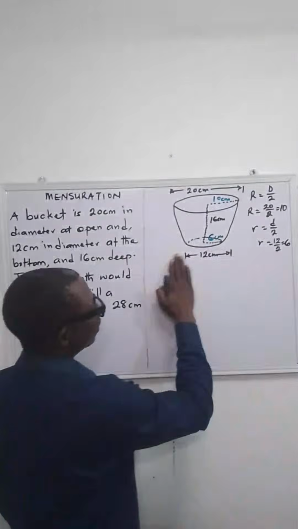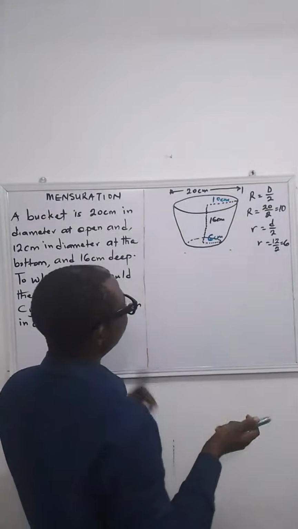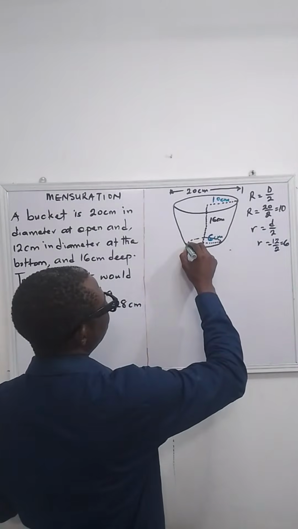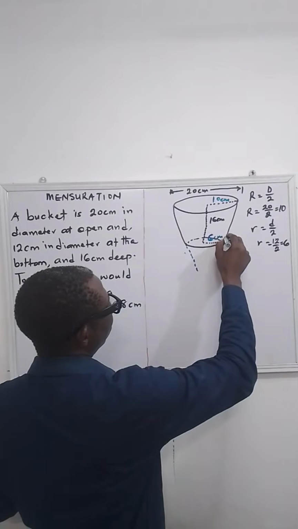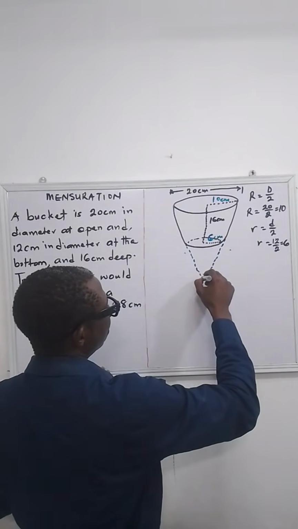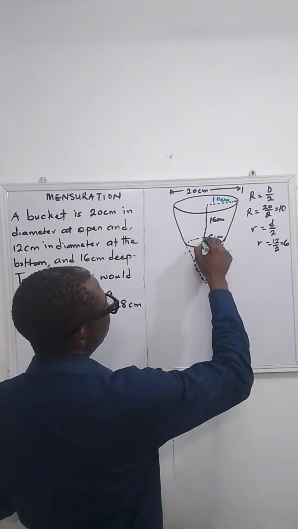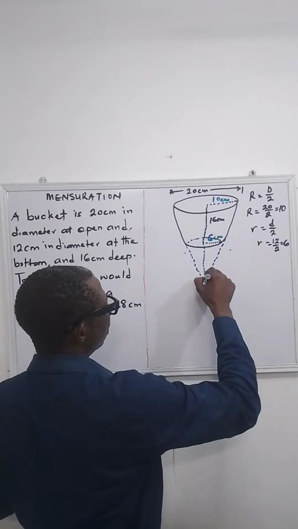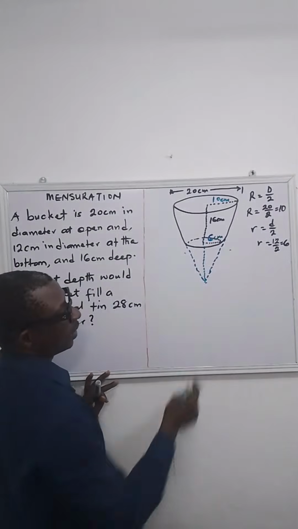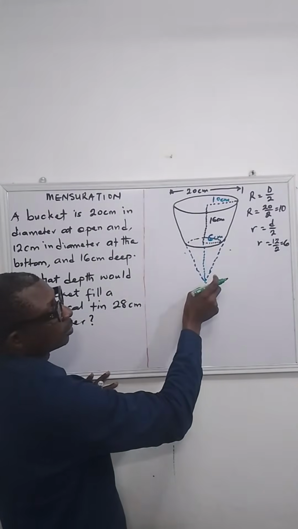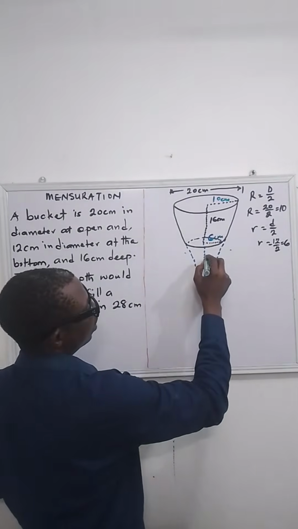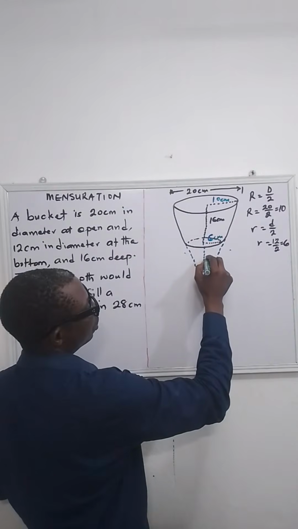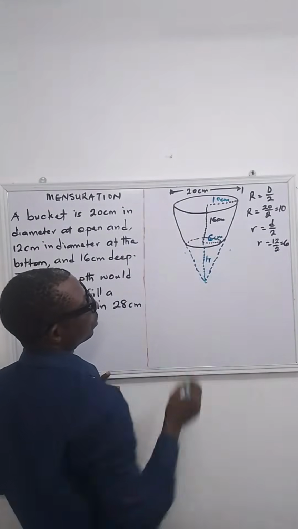The complete cone, we have this. So this is the complete cone. This is the height of the smaller cone. Let's represent that with h. So we have this to be h.